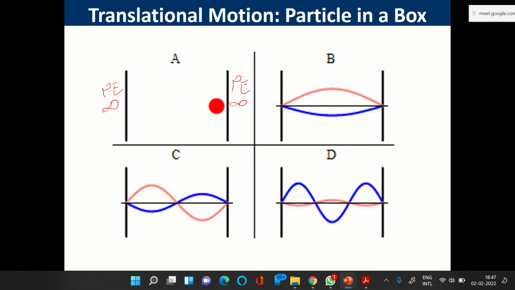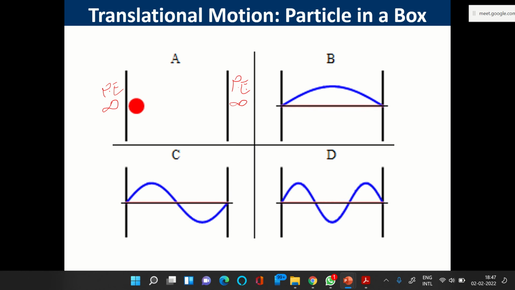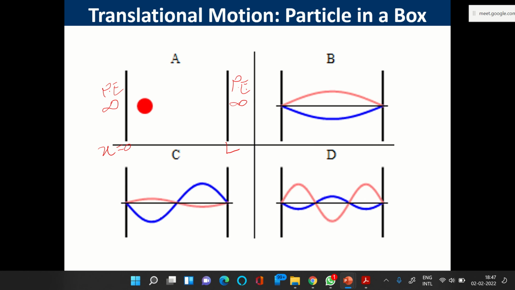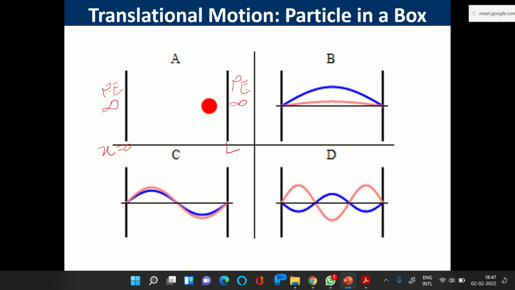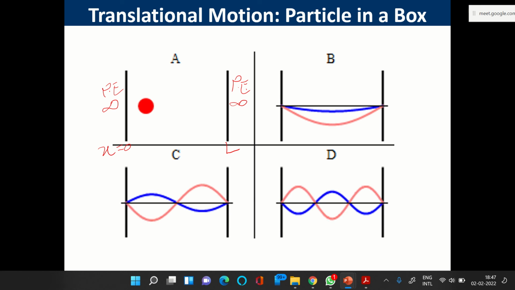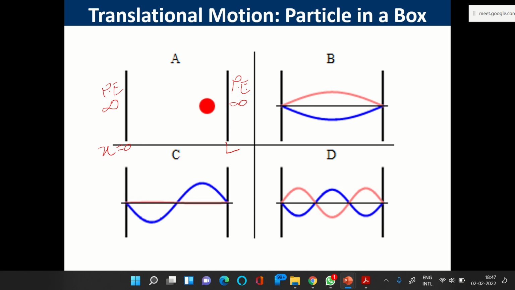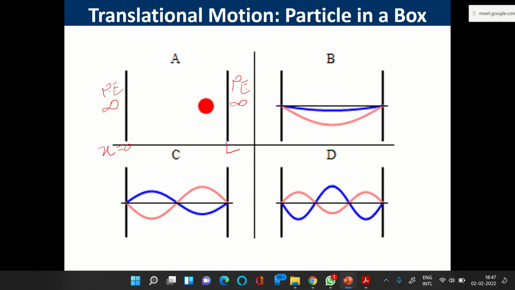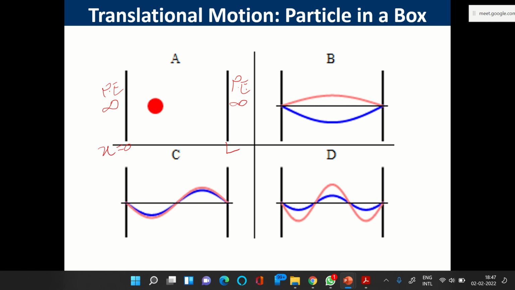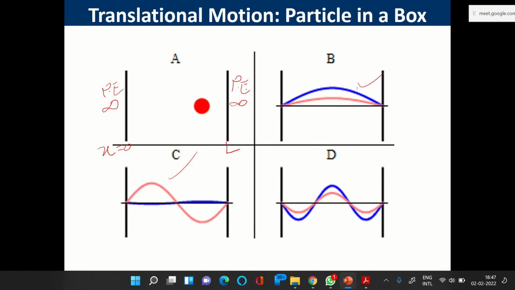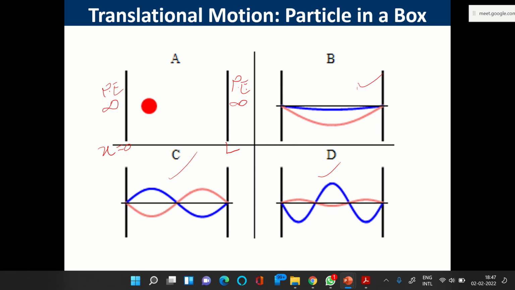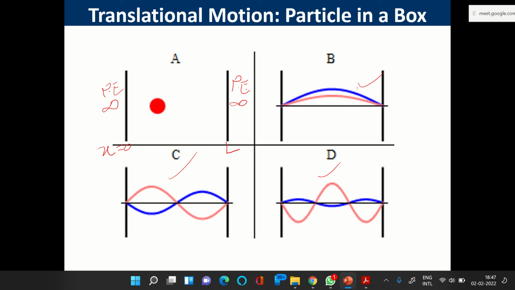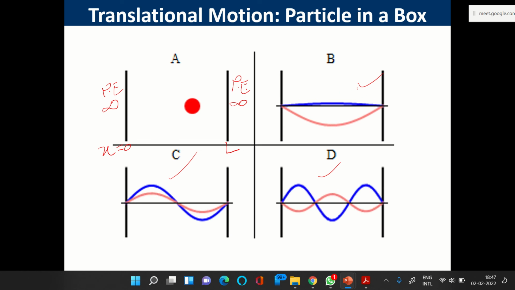So the particle will just move to and fro, x is equal to 0 and L. The same thing, this is a particle viewed from one point. When you realize its wave-like nature, then it can have either this one or this one or this one. So one loop, two loops, or three loops. All of this is possible. We will see how it comes.